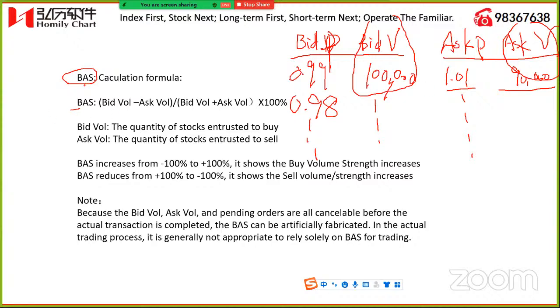So the bias in this kit is calculated based on the bid volume minus the ask volume.